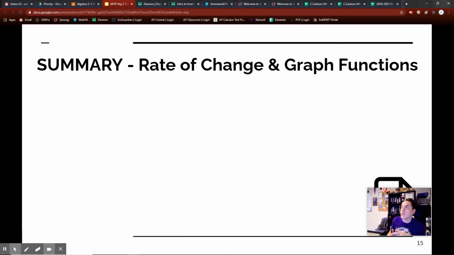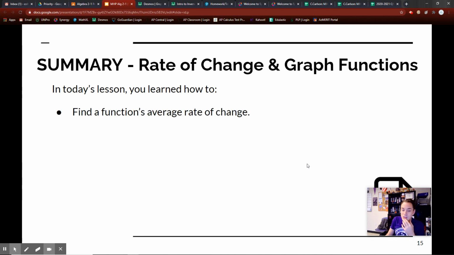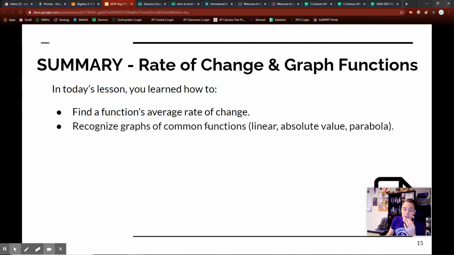If you thought this lesson was a lot of review and the hardest part was the rate of change, then great, awesome. Think like that, because that's what I want you to be thinking. What did you learn? You learned Algebra 2.1's rate of change, which was the same thing as slope. You learned how to recognize common functions like linear graphs, absolute value graphs, and we dabbled a little bit with the parabola graph. Then we used basic transformations in order to graph a function, namely absolute values.